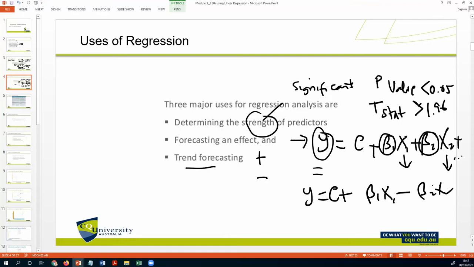Which variable has the highest coefficient? If the negative one has the highest coefficient, there will be a big possibility that the trend will be a downtrend, because there is a big negative coefficient. So this is the use of regression.